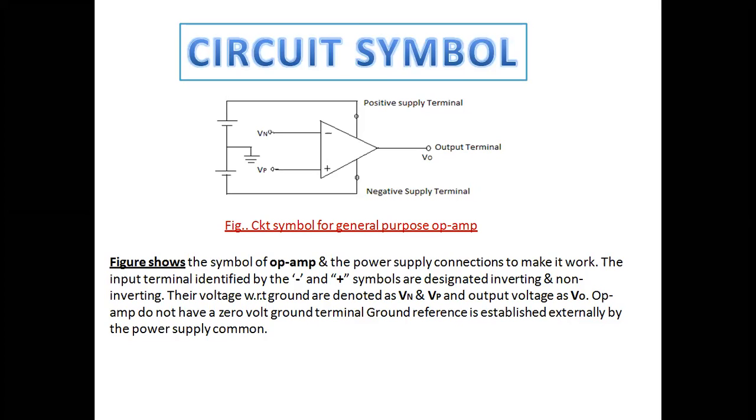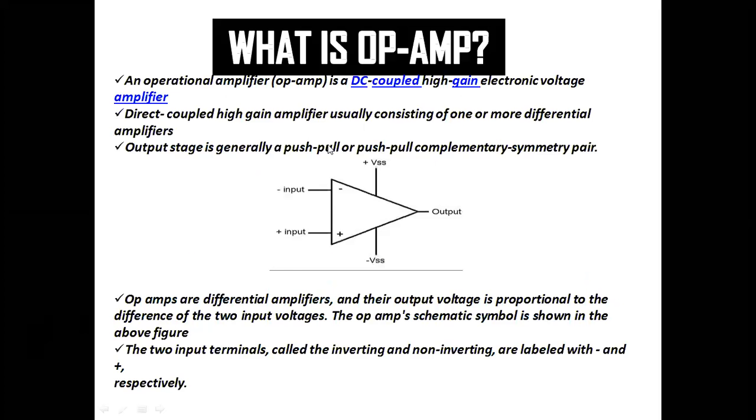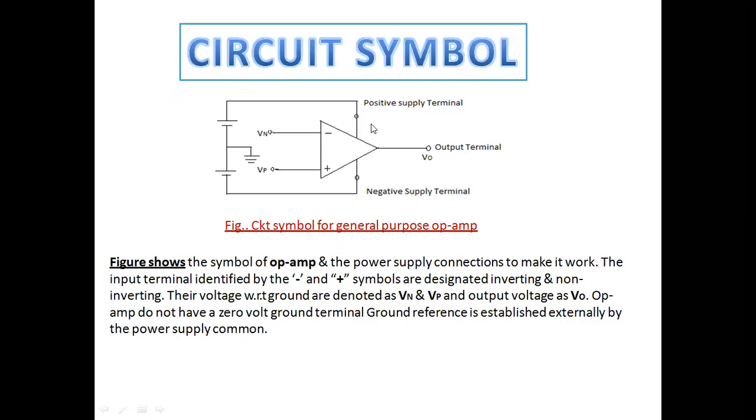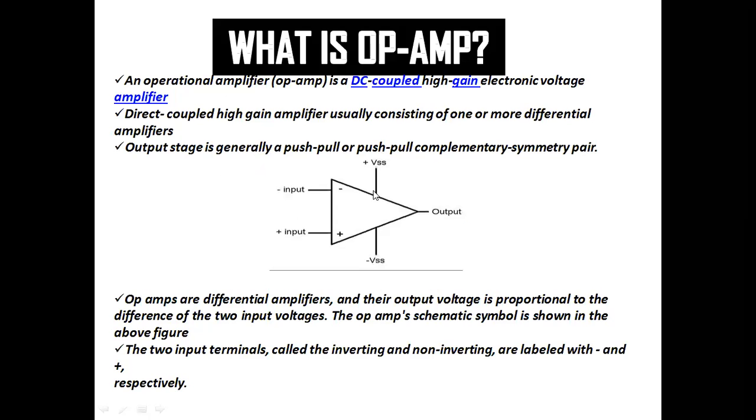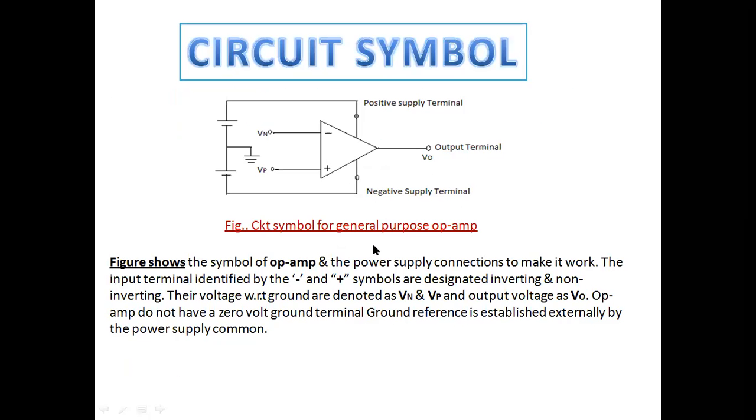one by one. So here, this figure shows the symbol of the op-amp and the power supply connection. Here we are giving the power supply. When we are giving the supply, I have shown the positive supply terminal and the negative supply terminal.